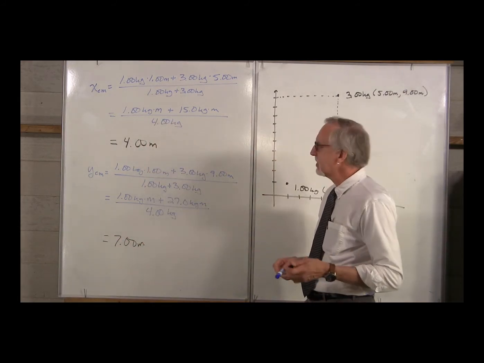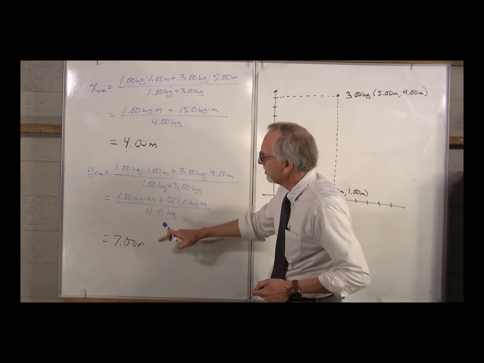Where is our center of mass? Our center of mass is then at the point 4 meters, 7 meters.